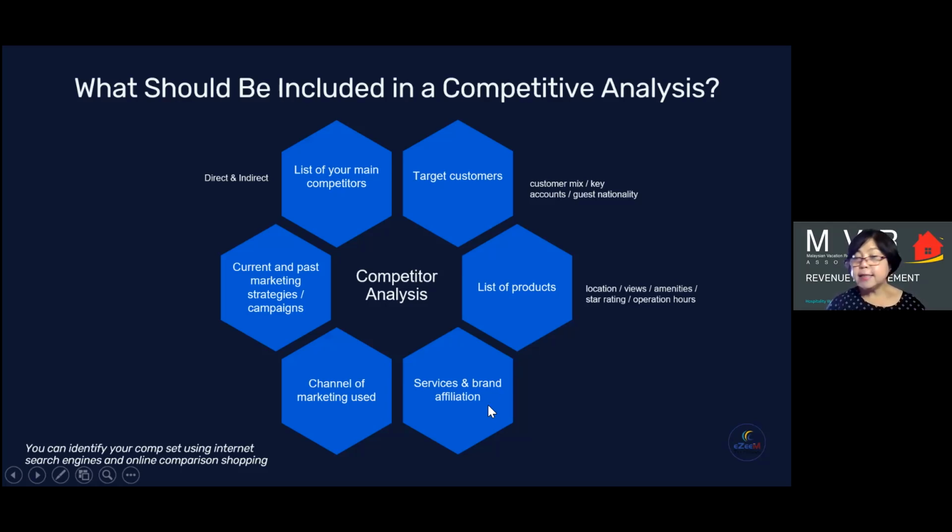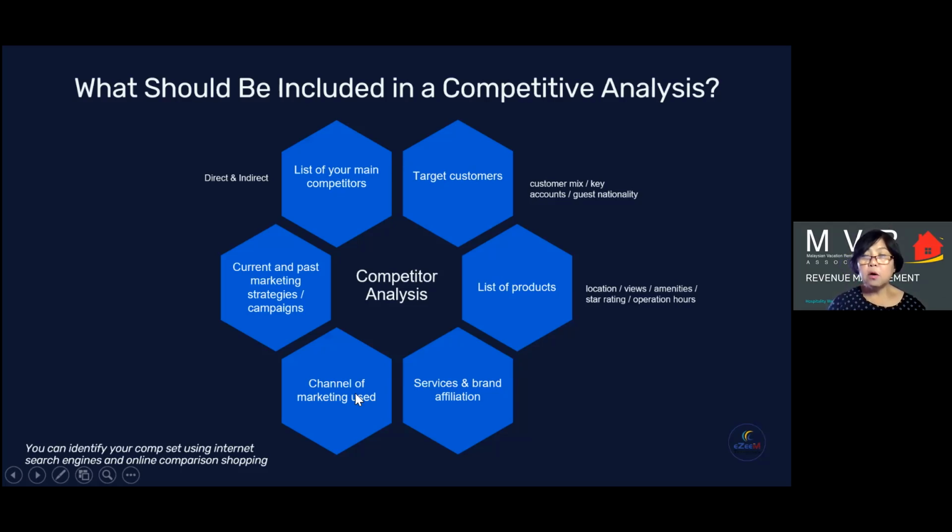You must understand your service and brand, because you are going to do a brand positioning in the market. You must understand what channels you are using to market. As I mentioned earlier, there are 5 channels. The OTA is one channel. Your own brand website is another channel.